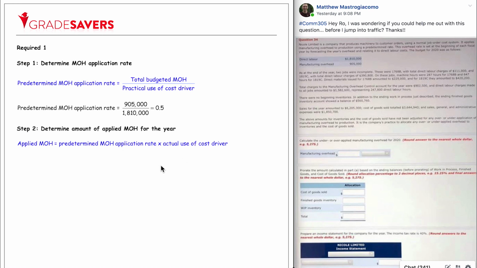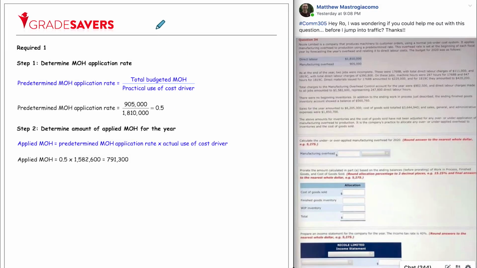In this particular example, we're offered the amount of labor charges that were made to all jobs during the year. So we can see right here that it's $1,582,600. So if we were to simply multiply this by 50 cents, we'd be able to come up with the applied MOH for the year. And so if you did that, I'm hoping that you'd come up with an answer of $791,300.